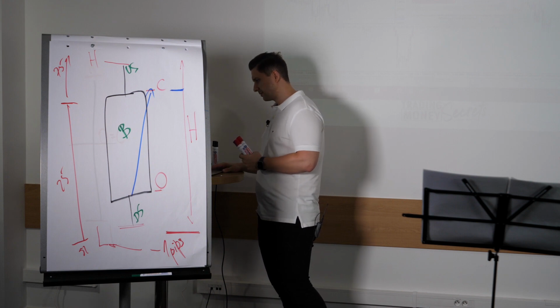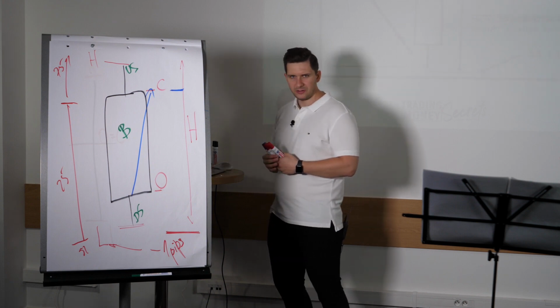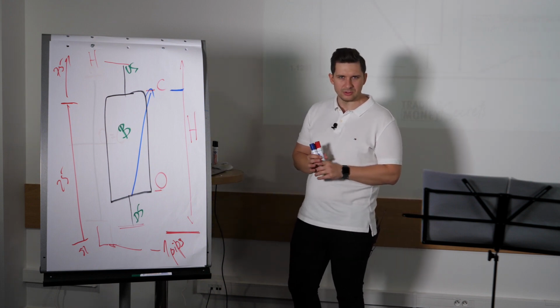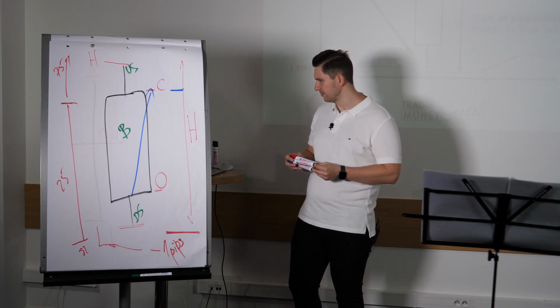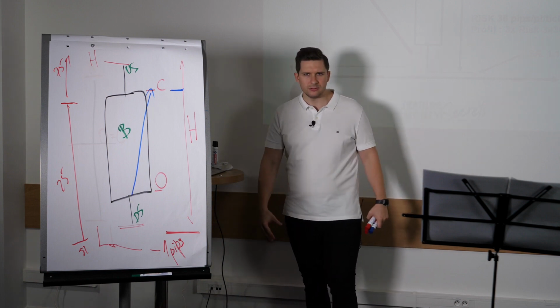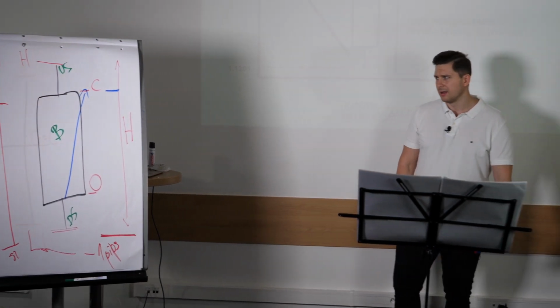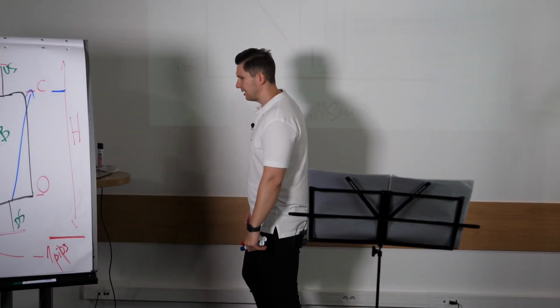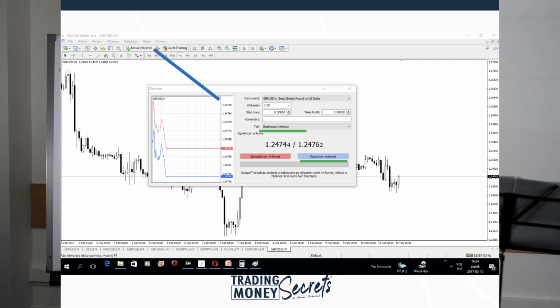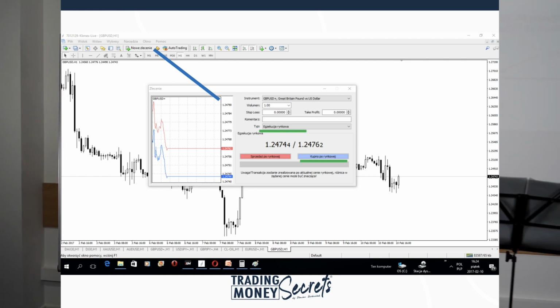Let's do a few examples to put it all together. Imagine that you want to open a position in the euro-dollar market. The spread on the market is 2. In the previous videos I showed you how to check spreads on the markets.